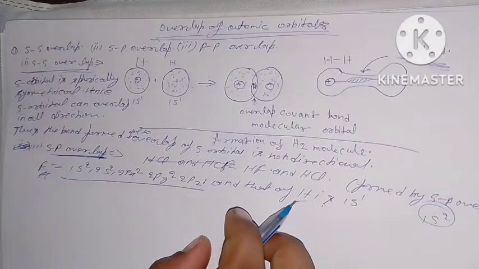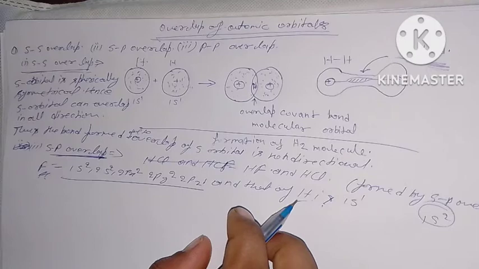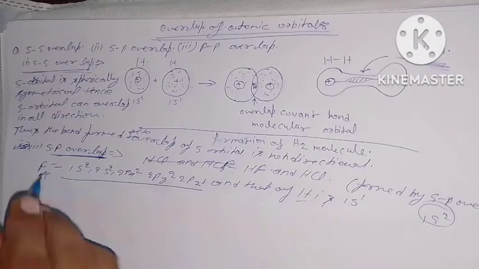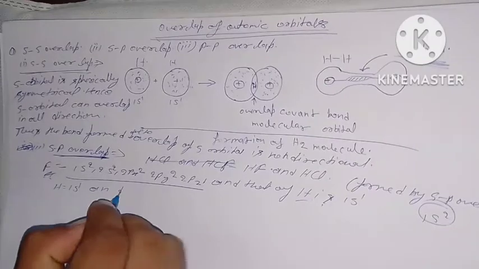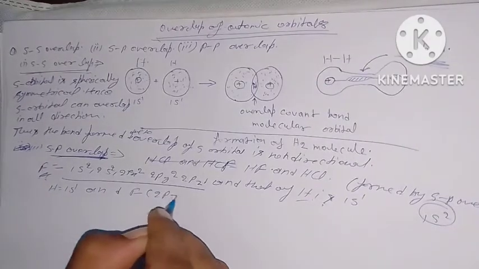Here hydrogen and fluorine atoms have half-filled orbitals in their outermost shell: hydrogen 1s1 and fluorine 2pz1.